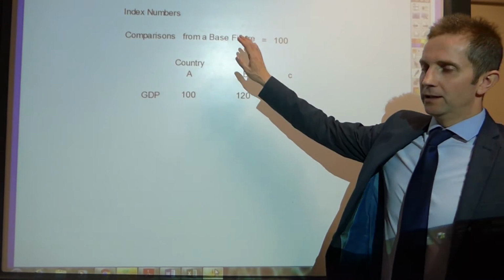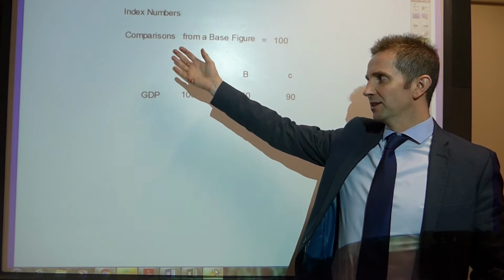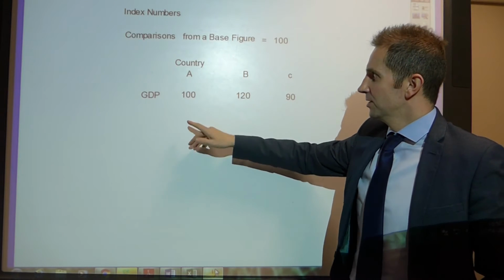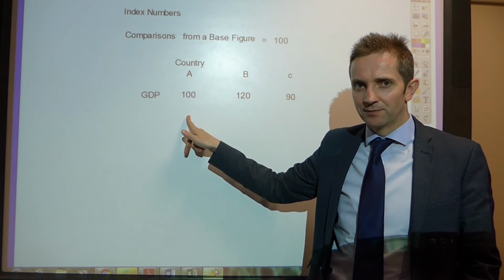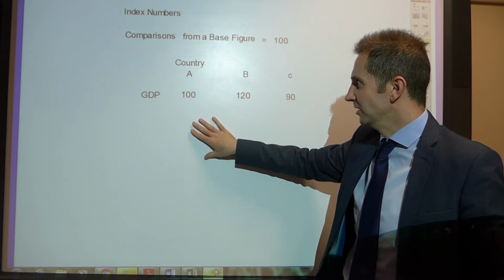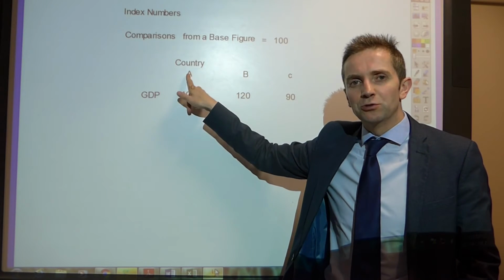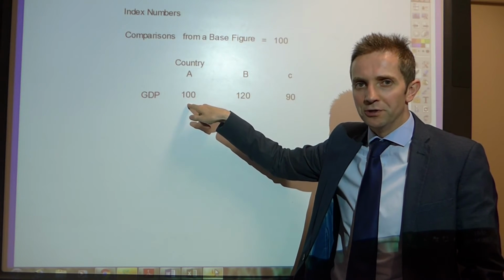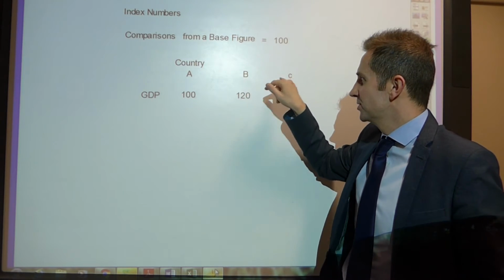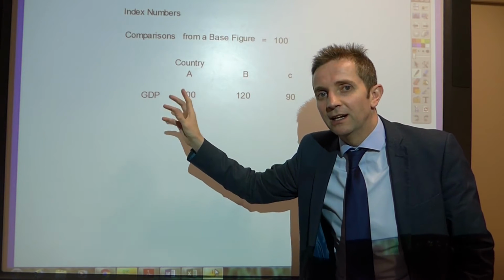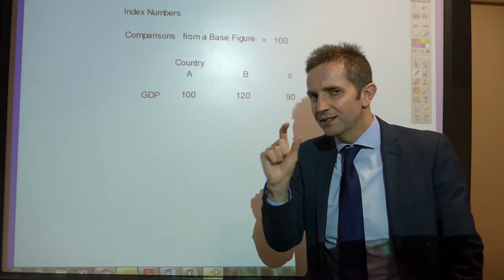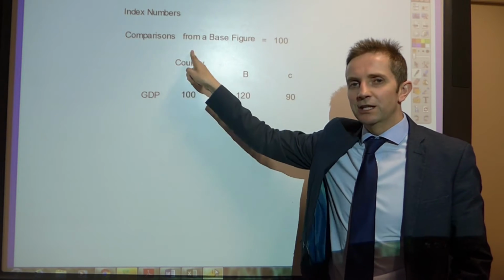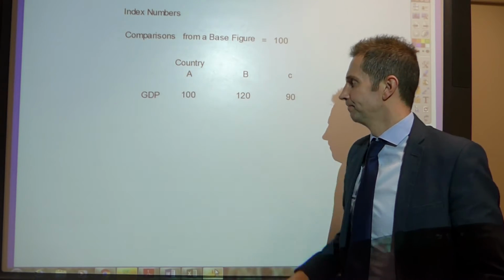So, if we are making comparisons from the base year, ladies and gentlemen, here's an example of how this works. If we said country A is the base, the point from which the comparisons are being made, the base year country, or the base year, whatever it may be, always has a value of 100. And then the others are measuring percentage changes, ladies and gentlemen, and this is the key thing, percentage changes from this initial start point, this comparator.